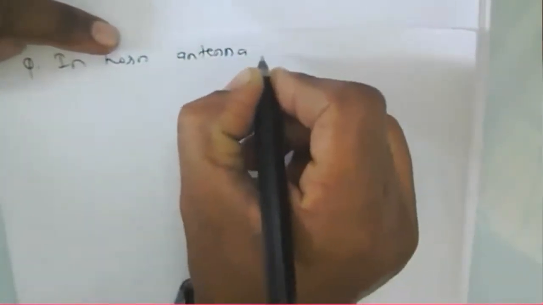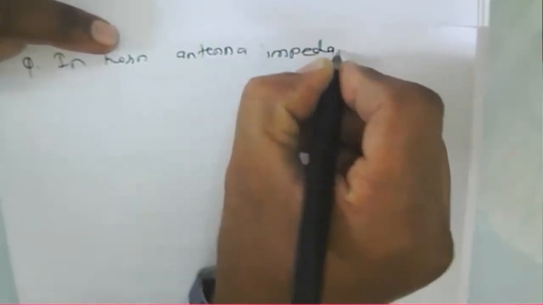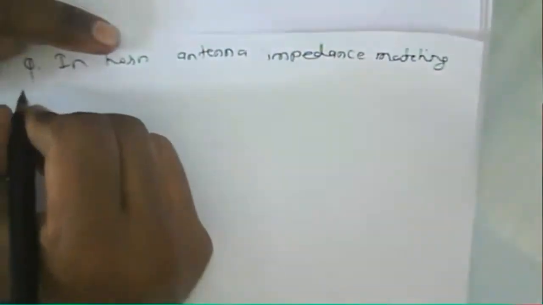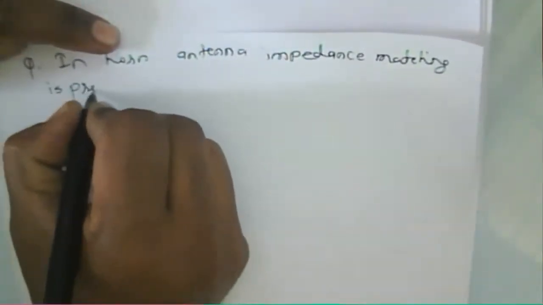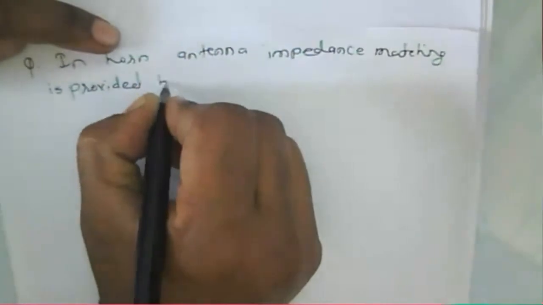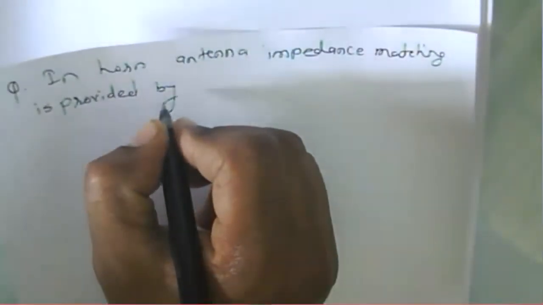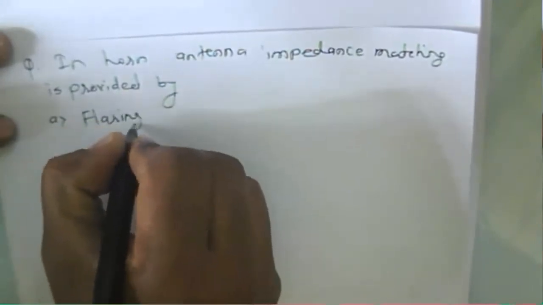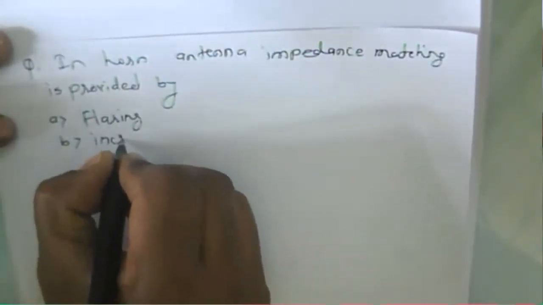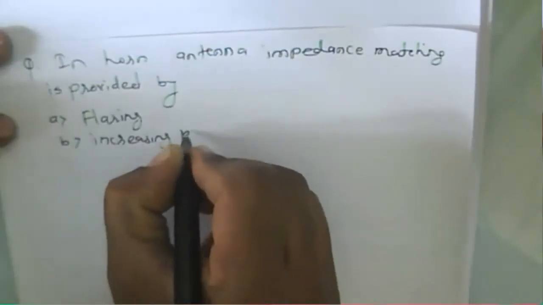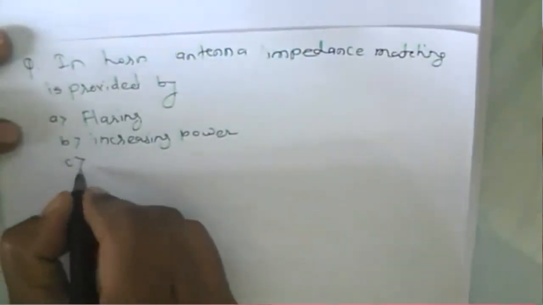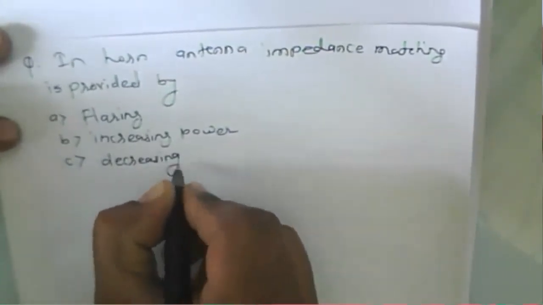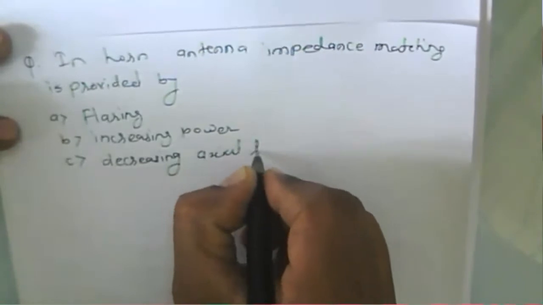Again, the question I am writing, I have already answered. In horn antenna, impedance matching is provided by: A, flaring. B, increasing power.